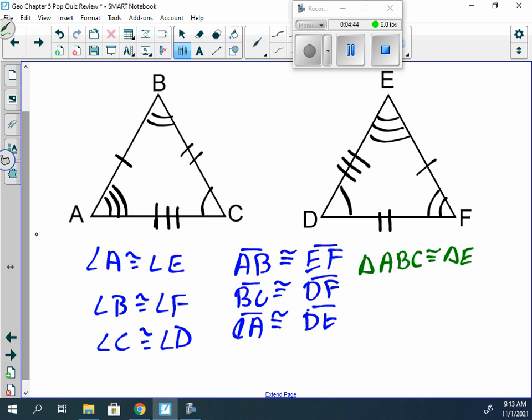E, and then we went to B, which would be F, and then C, which would be D. Now there's lots of different ways that we could do this congruency statement with the 2 triangles. And again, on the quiz, wherever you name it first, I'm just going to make sure it matches. Because we could have named it ABC, ACB, any three orders, and as long as the other one follows that same pattern, you're good. Any other questions on this here?